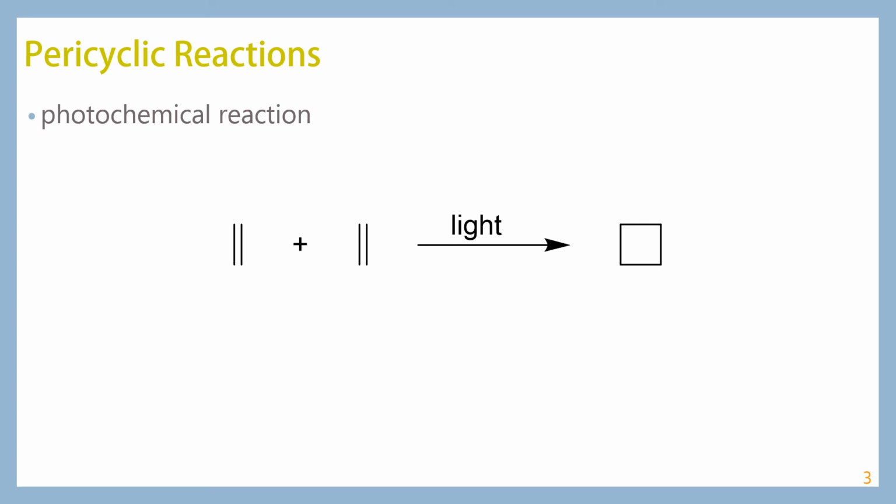This reaction is a photochemical reaction, meaning light is going to trigger it. And it's going to happen just by these pi electrons attacking this carbon, these pi electrons attacking this carbon. So you're going to end up with a cyclic transition state. This reaction is kind of happening all at once.